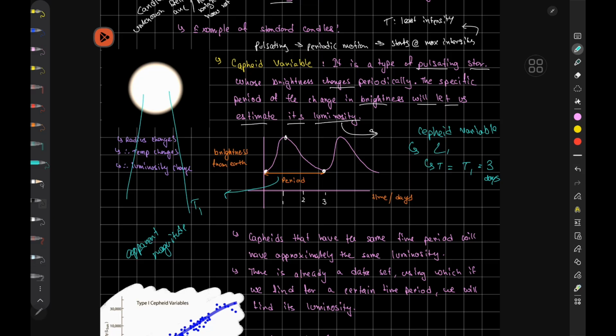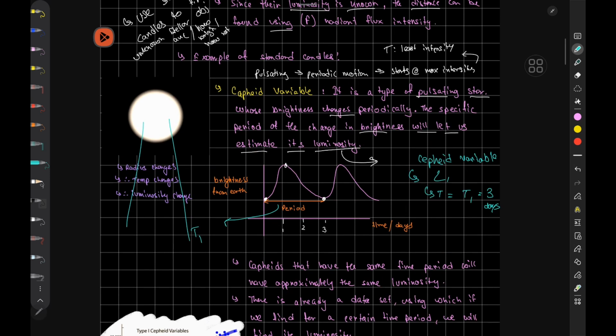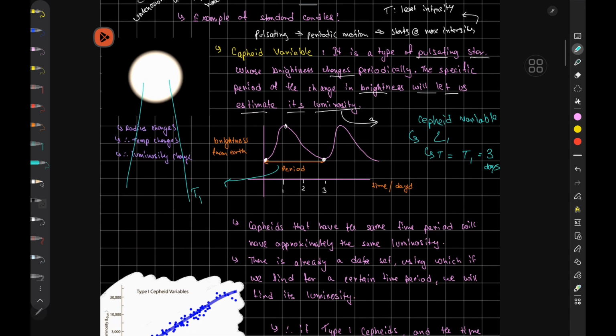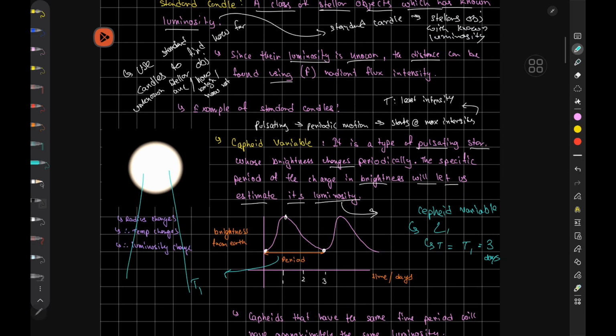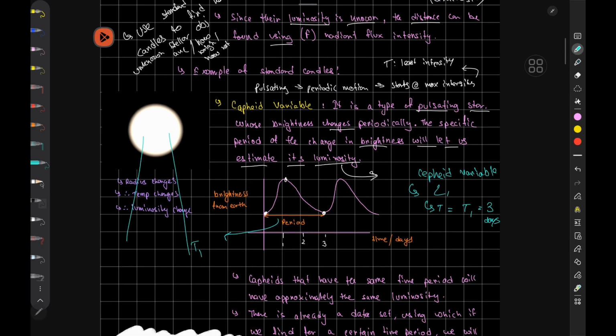So there's a lot to it, but for now what you need to understand is, granted what is in your syllabus, you have a Cepheid variable, which is sort of a standard candle, and you know its period, that is 3 days, let's say, and you know the Cepheid variable's luminosity, which is why it is a standard candle.